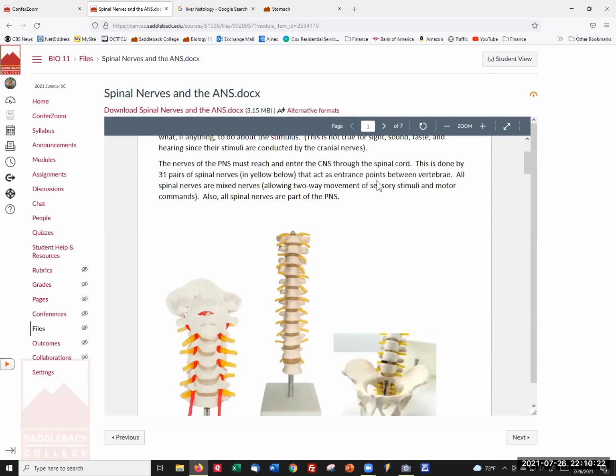Okay. There are two major parts of the nervous system: the central nervous system, the brain and spinal cord, and all of the rest of it is the peripheral nervous system. The incoming stimuli travel on peripheral nerves to reach the central nervous system, and once leaving, the motor neurons also travel on peripheral nerves.